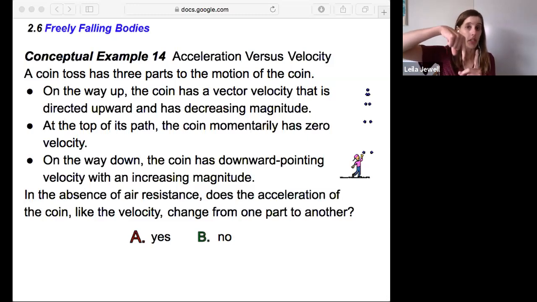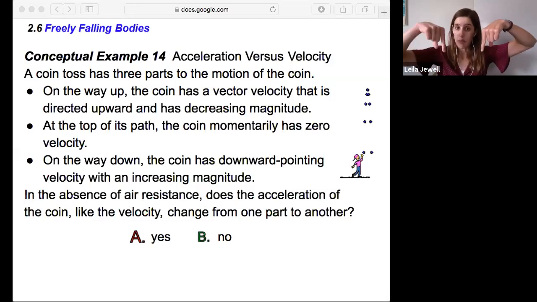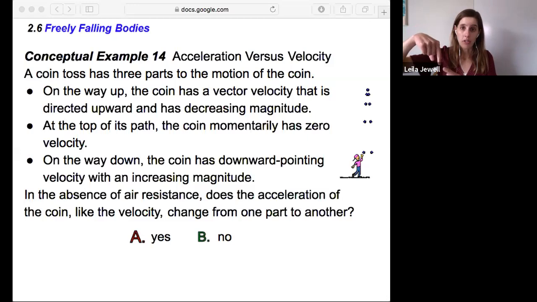The acceleration is going down. On the way down, the coin has a downward pointing velocity with an increasing magnitude. Well, what's the direction of the acceleration for the speed to be increasing? It needs to be in the same direction as the velocity. So for both the coin going up and the coin going down, the acceleration is pointed down, right?